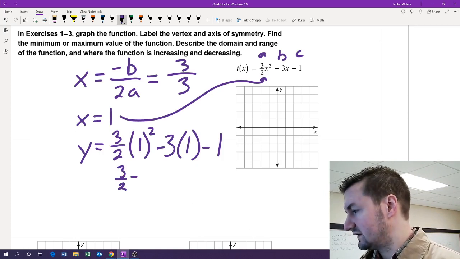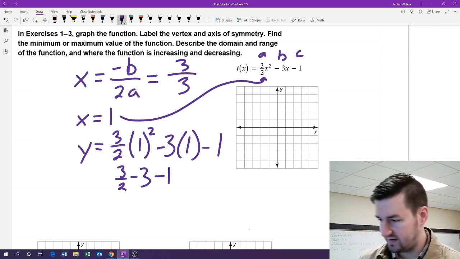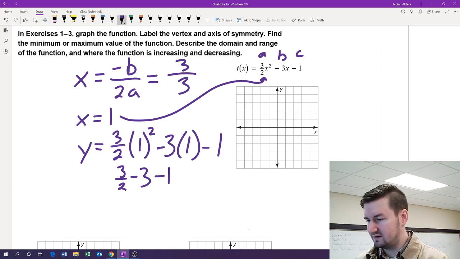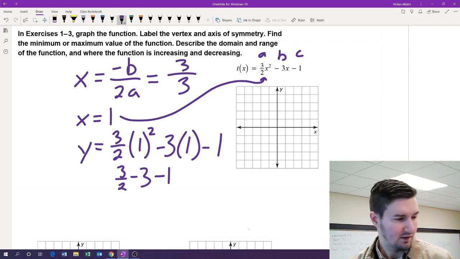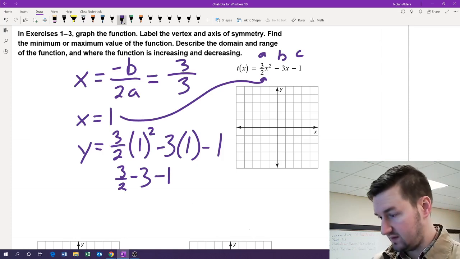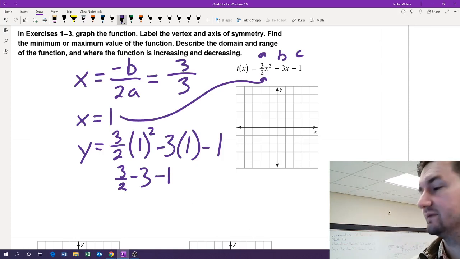Minus 3 times 1 is just 3, minus 1. So we have 3 halves minus 3 minus 1. I guess we'll just go ahead and use a calculator. We know 3 halves is 1.5. Minus 3 minus 1 is just negative 2.5.